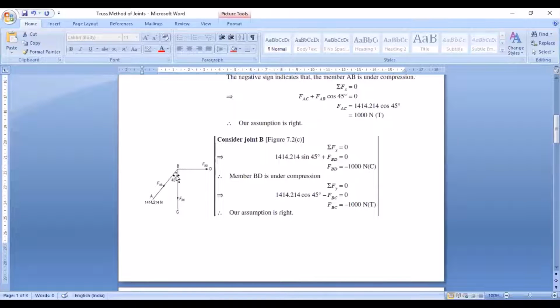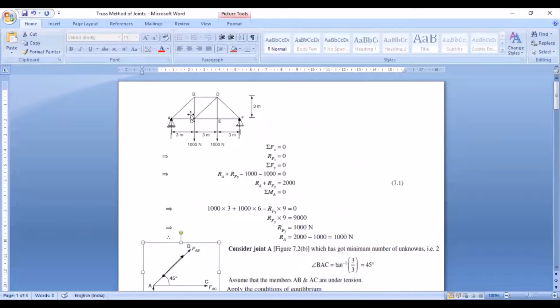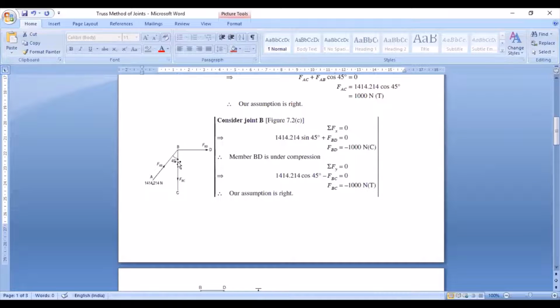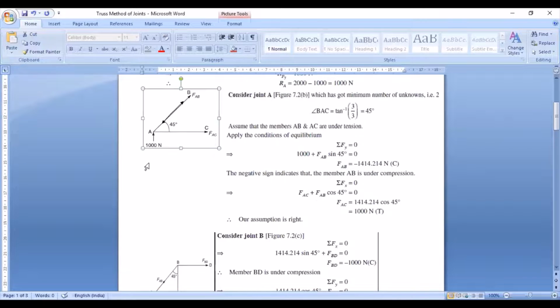Now this angle of inclination is 45 degrees. Why? Because this is a total of 90 degrees, and you have already calculated that AB is at an angle of 45 degrees with the horizontal. Therefore, this is also 45 degrees, and it is moving towards joint B. Therefore, you are supposed to resolve it.